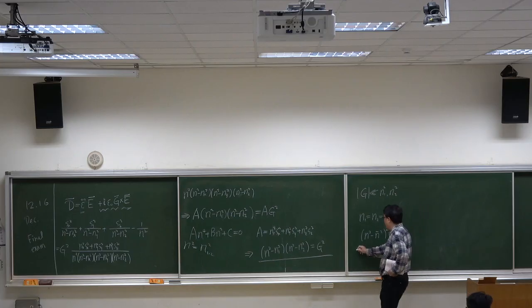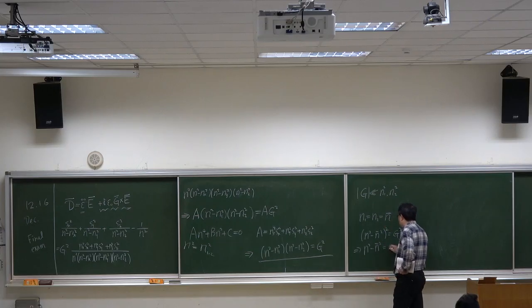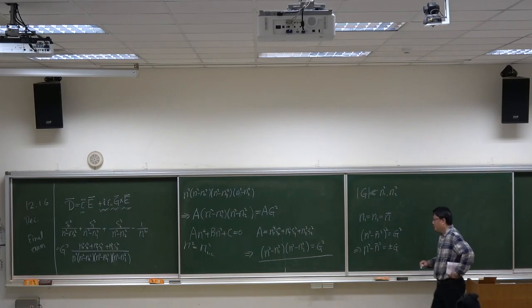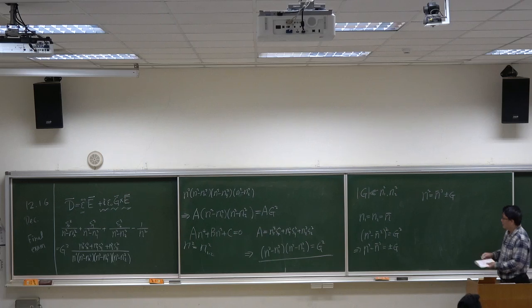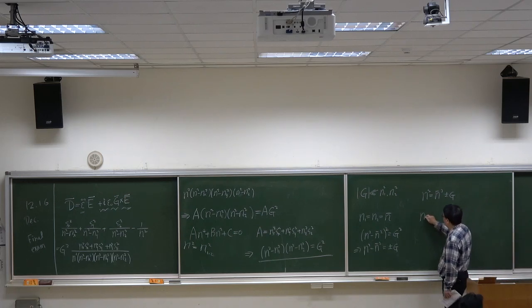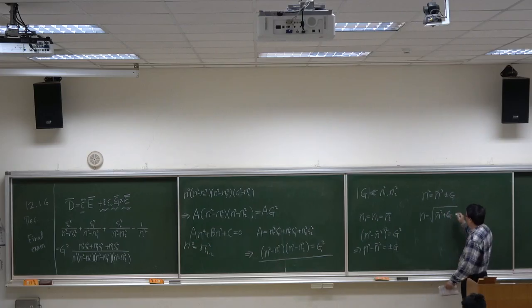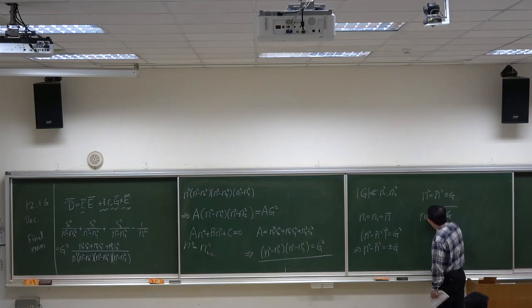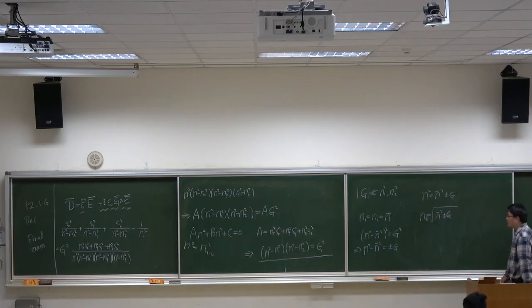Then this means that n squared minus n bar squared equal to plus or minus g. So n squared becomes n bar squared plus or minus g. So we can take the root to find the two possible solutions of these new refractive indices.